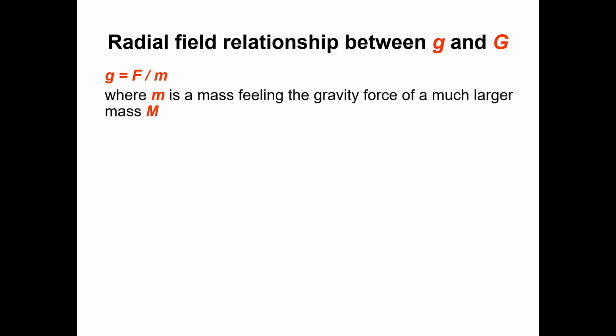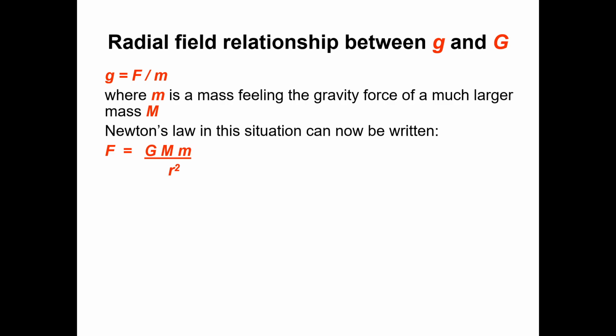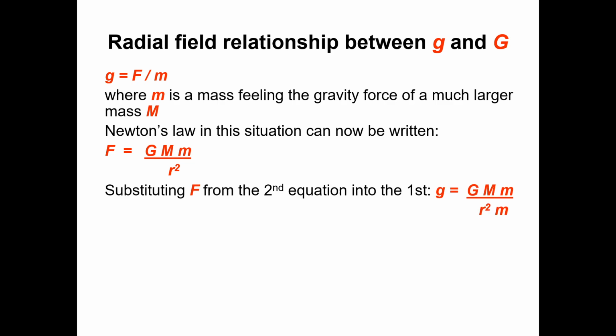Now, this radial field relationship between little g and big G is important. Generally, you hardly ever have to use the equation little g is big F over little m, really. More often than not, you use the radial equation that's going to come up. So you substitute in for Newton's force into that equation, and you get little g is big G big M over r squared.